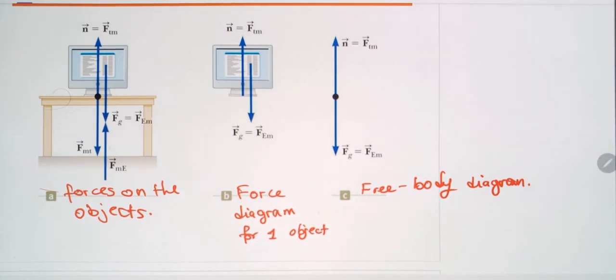And the EM, which is earth on monitor. The normal force comes from every action has an equal opposite reaction. The monitor is putting an action force on the table. The table is returning the force in the opposite direction, same magnitude, to the book or to the monitor.